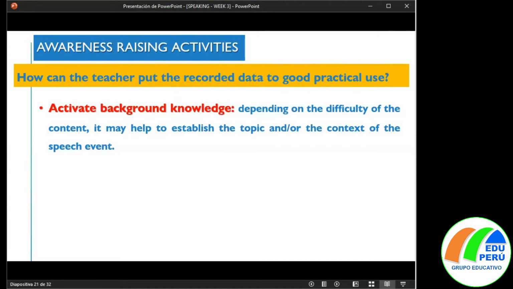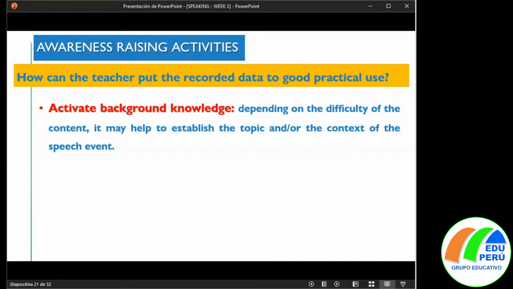We have seen this a lot, right? Depending on the difficulty of the content, it may help to establish the topic and/or the context of the speech event. So you need to activate their background knowledge. How can you activate the background knowledge?